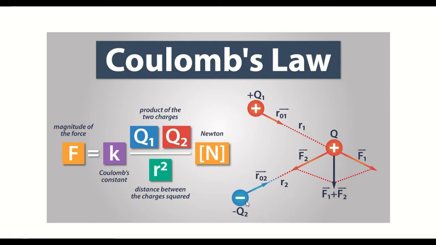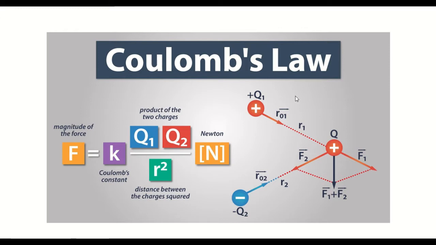Now between the positive and negative charge, that means between capital Q and minus Q2, an attractive force acts between them. So this is the repulsive force and this is the attractive force. The direction is like this: here it is in the outward direction and here it is in the inward direction. Finally, from F1 and F2 the resultant force is F1 plus F2.